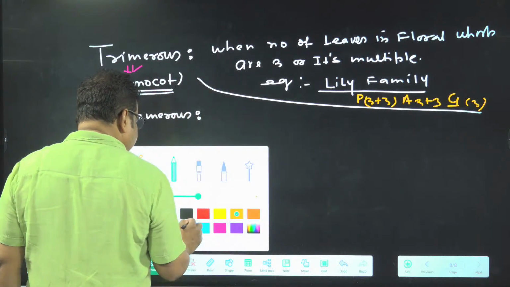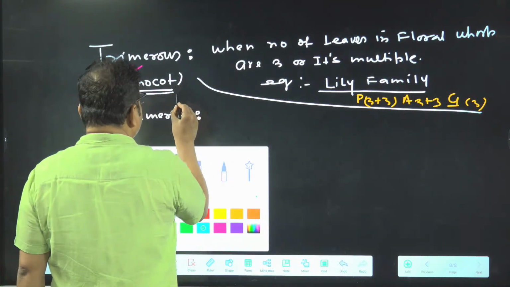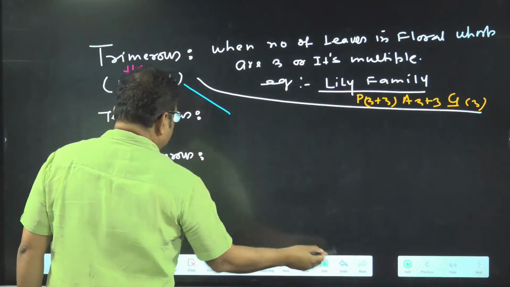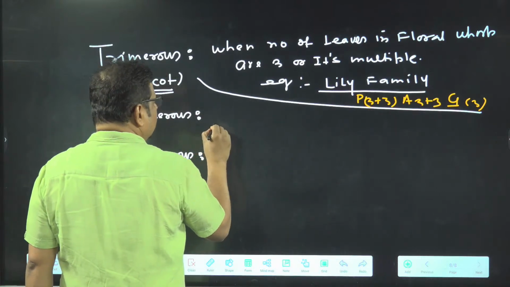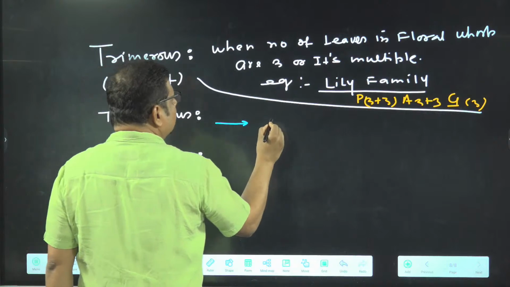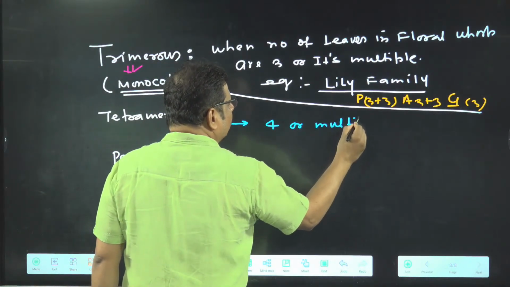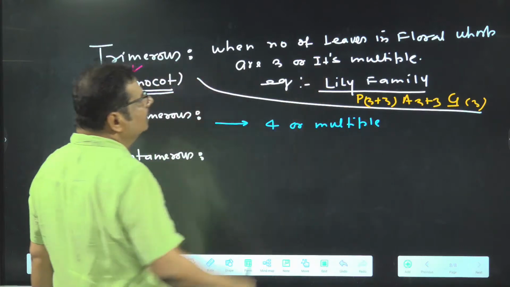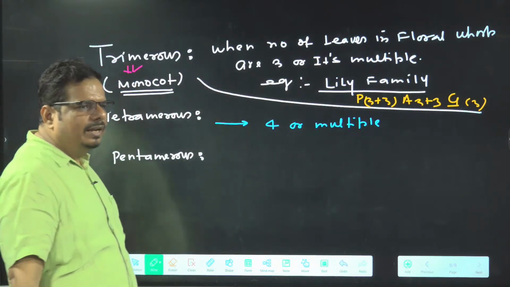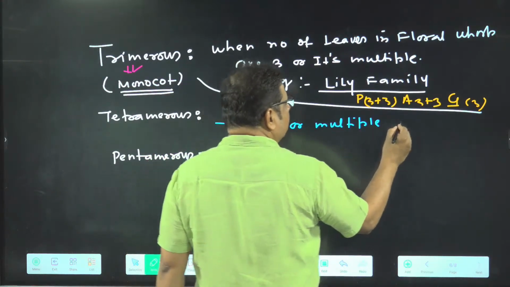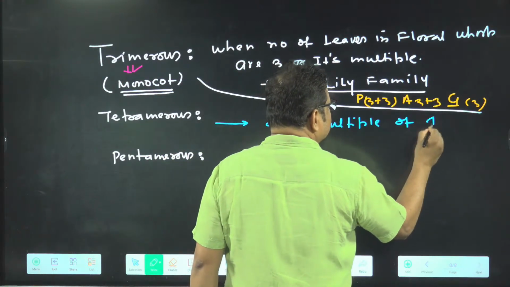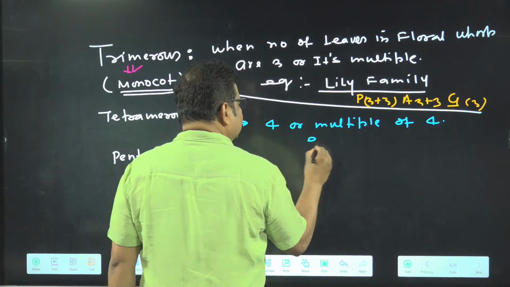Now we are coming to Tetramerus. So what happened in Tetramerus? I am not going to write everything like that. In Tetramerus what are we finding? 4 or multiple of 4. I am writing in short. Of course, I am talking about floral leaves. 4 or multiple of 4. It is Tetramerus.